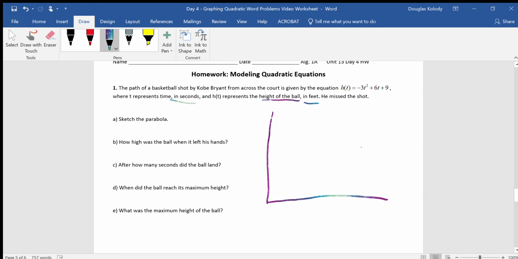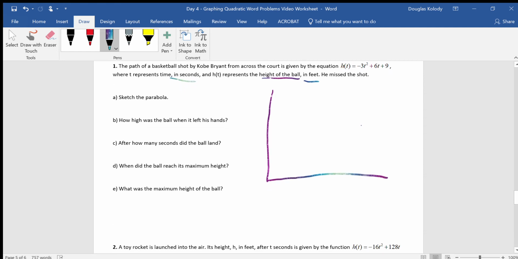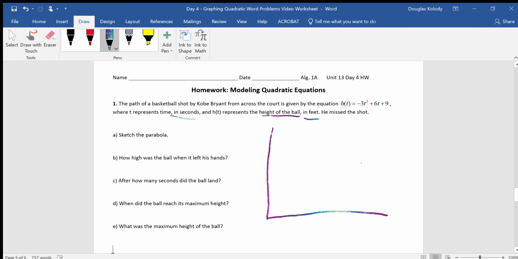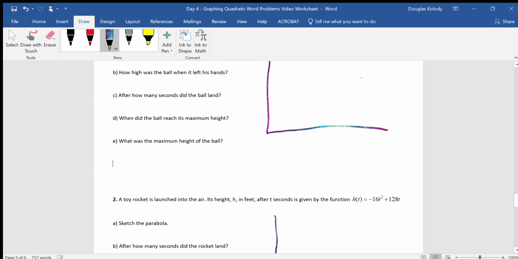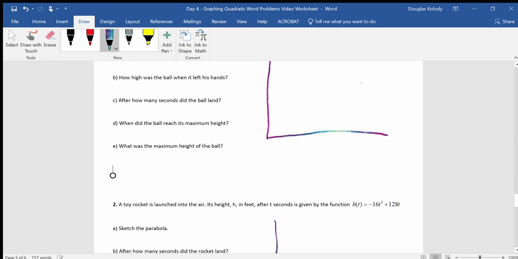So we're going to go through our four-step process. First thing I'm going to do is change this to y equals -3x squared plus 6x plus 9, and I am going to write that here.